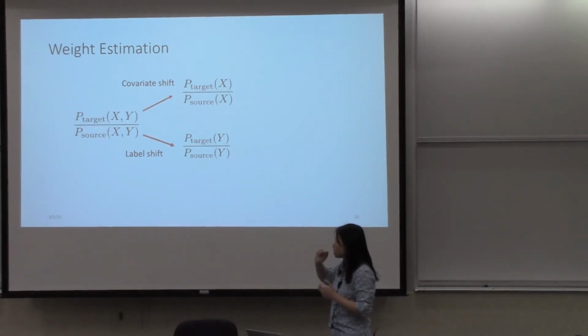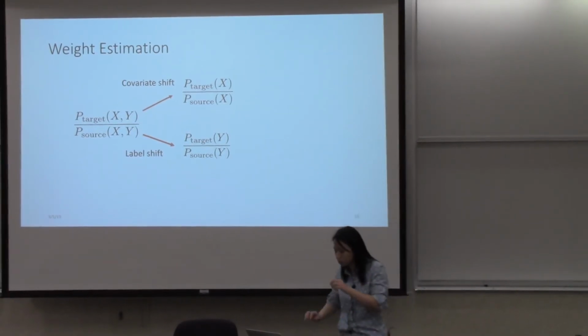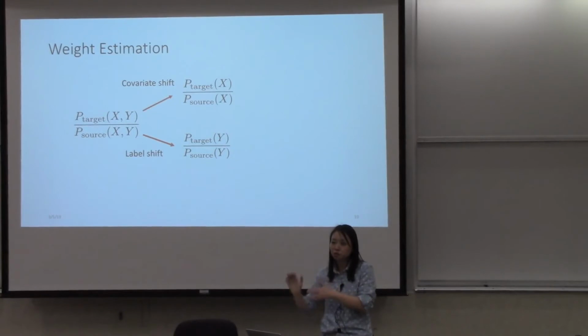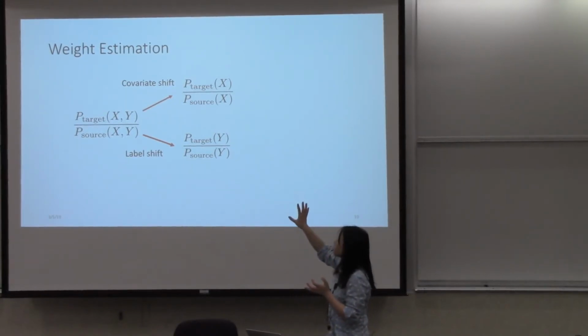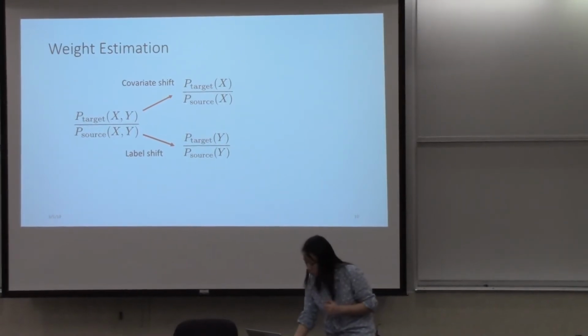In the label shift case, it is just reduced to P target Y over P source Y. So just one single variable. So things will be easier. That's why we first want to make those assumptions. Then we get only one weight estimation related to only one variable, and things get easier.